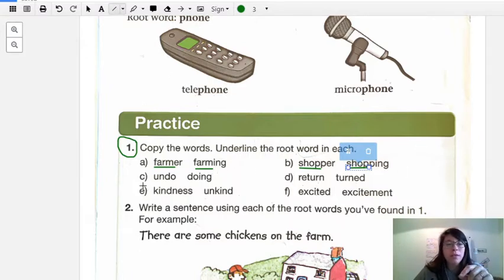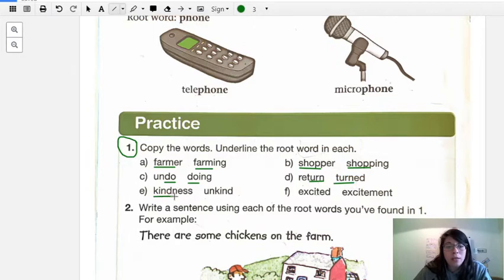So, for example, in letter C it says undo, and it says doing. So definitely the only thing that they have in common is do, okay? Do and do, okay? Then we have return or turned. So definitely we have turn as the base word or the root word, okay? In letter E, we have kindness and we have unkind.